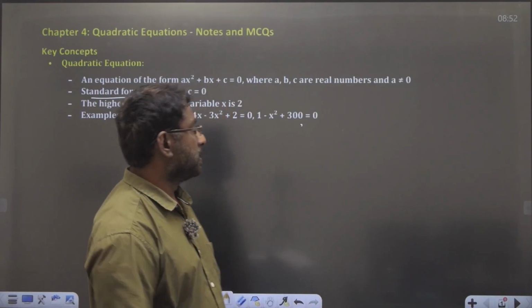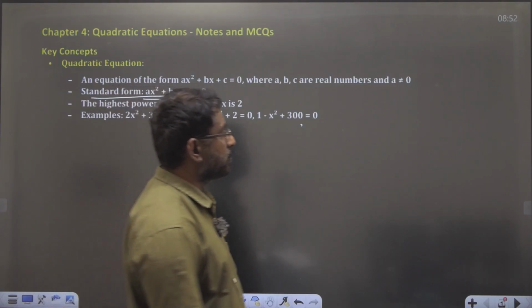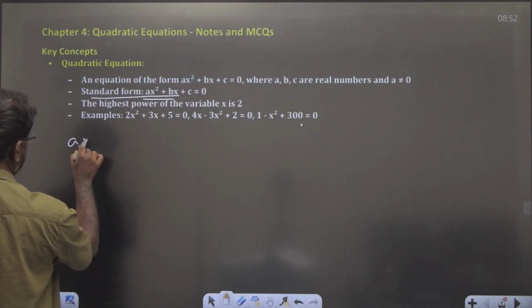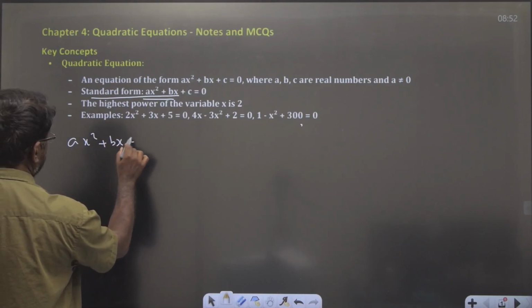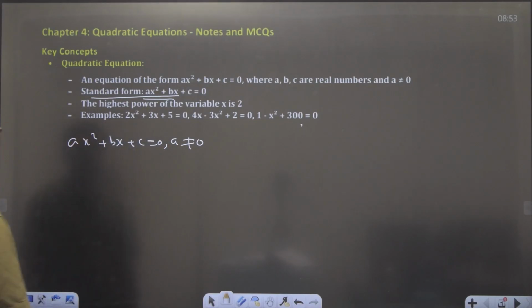Last class we discussed the quadratic formula. What was our quadratic formula? Suppose the quadratic equation is ax square plus bx plus c equal to 0, a not equal to 0.